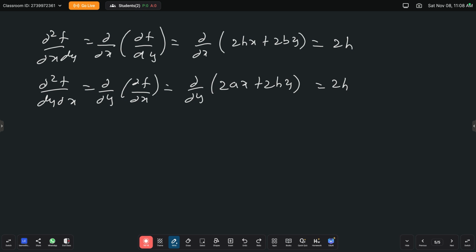So you can observe that ∂²f/∂x∂y equals ∂²f/∂y∂x. So it is verified.